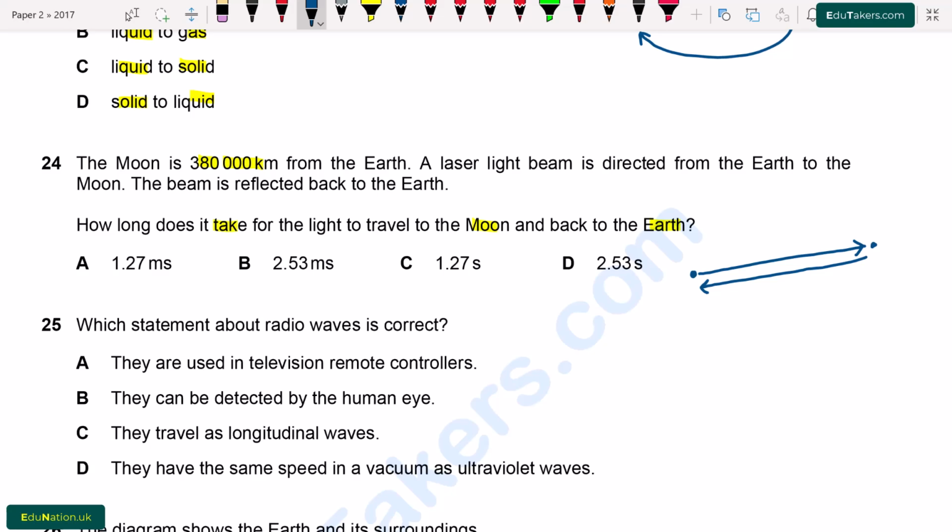It means that if the distance between the earth and moon is d, then this laser light covers double distance, which is equal to 2d. So I write here d prime is equal to 2d.